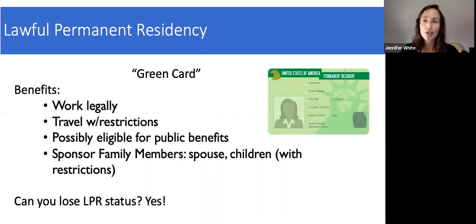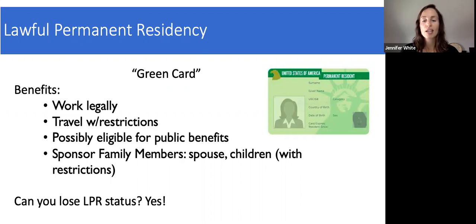So that's a good warning to share with clients, that they should not travel for more than 6 months out of the country if they have a green card. They can be eligible for certain public benefits depending on the state where they live, and they can sponsor family members. So a green card holder can sponsor their immigrant spouse or immigrant children, again with exceptions and restrictions.